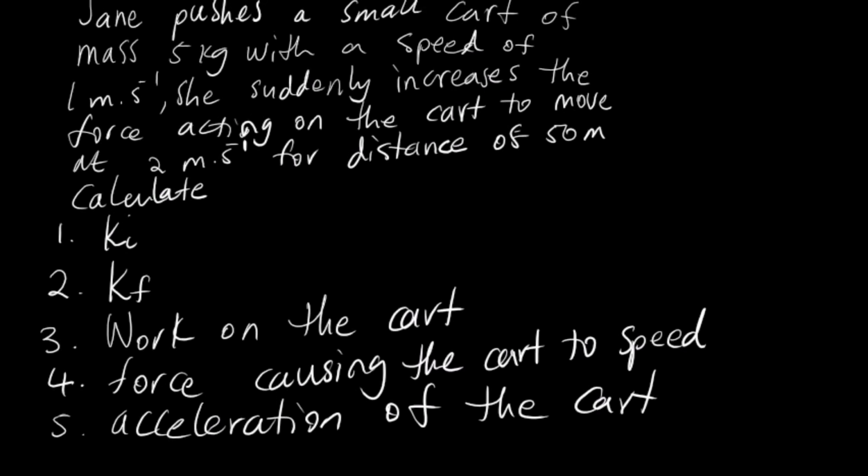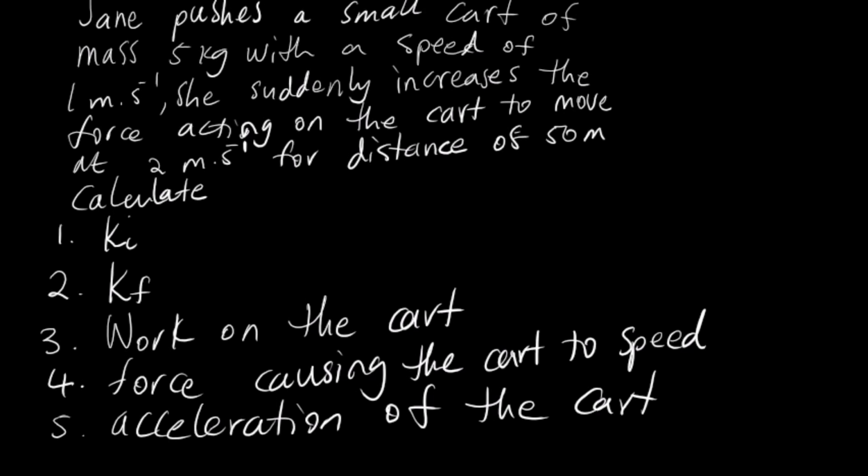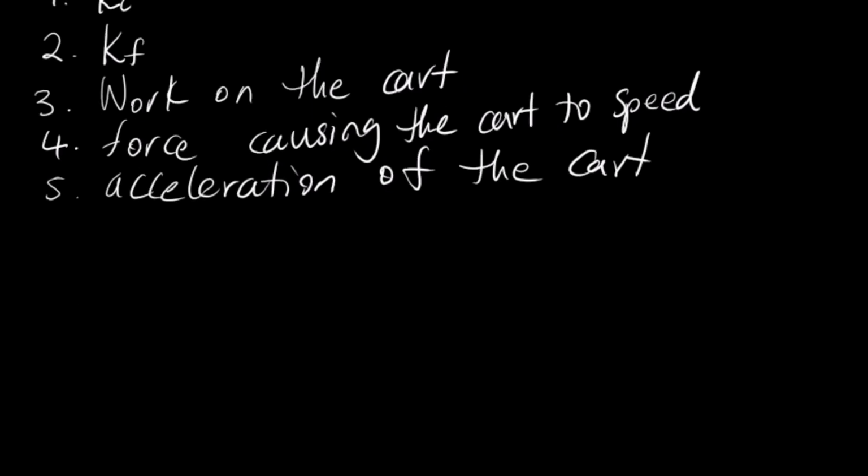Now we need to check what do we have. We can see we have the mass, which is very good. We have the initial velocity, we have the final velocity. We have enough information to answer the first question. Now the first step that we are going to do, we are going to write the equation.